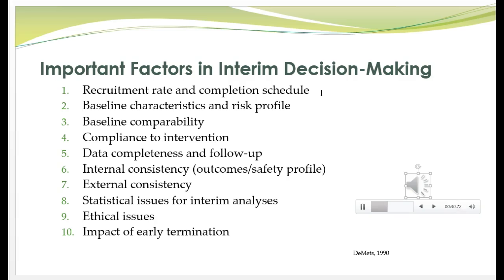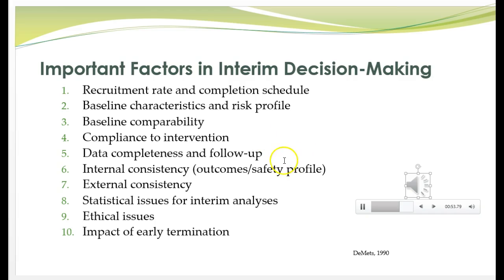You might look at the baseline characteristics and then assess the risk profile, kind of a safety issue. You could compare baseline and make sure that you actually have a patient population and an appropriate control. You could see how well people at the sites are complying with the investigational product as an intervention treatment.